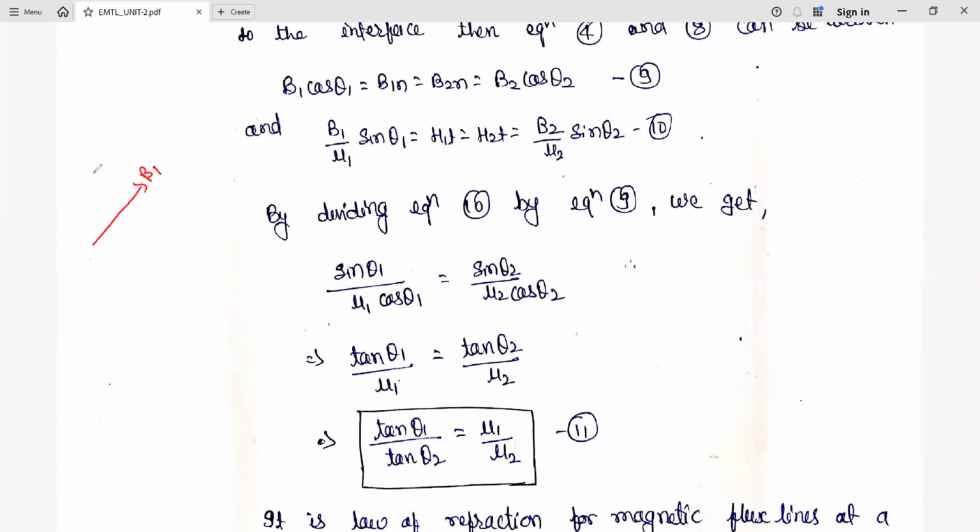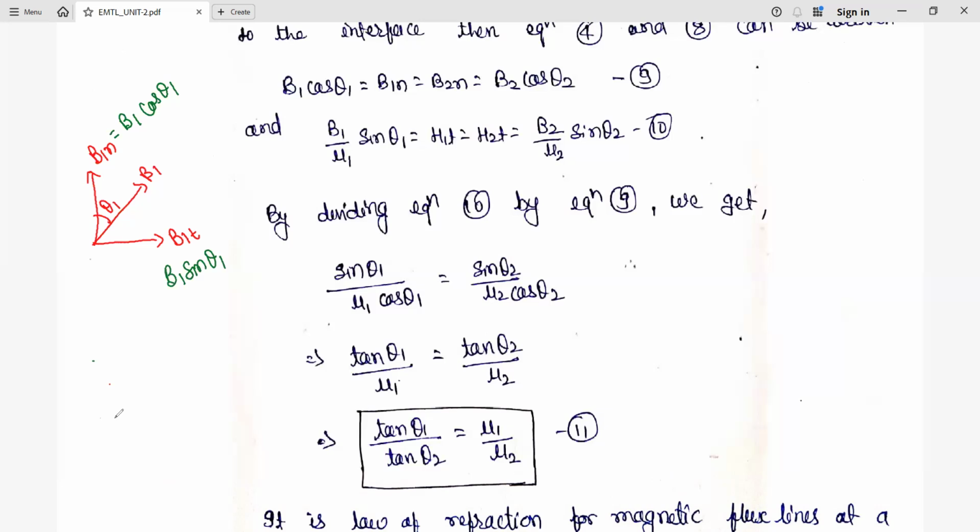It is going to make the angle theta 1 in the medium 1, and this is the normal component of flux density, that is B1N, and this is the tangential component, that is B1T. So B1N, in terms of B1, can be written as B1 cos theta 1, and the tangential component will be written as B1 sin theta 1.